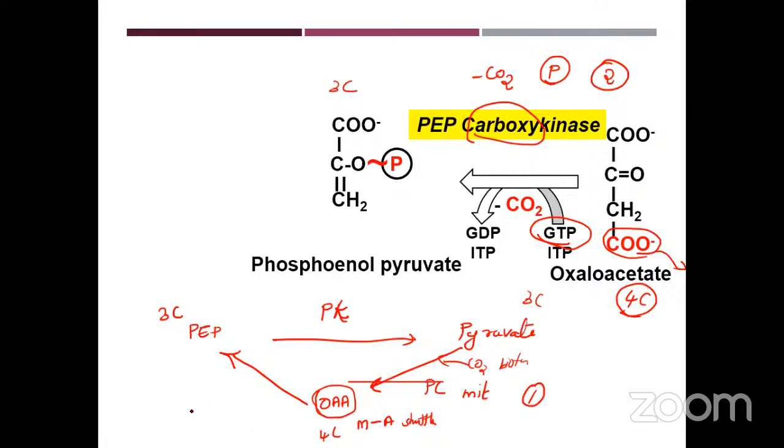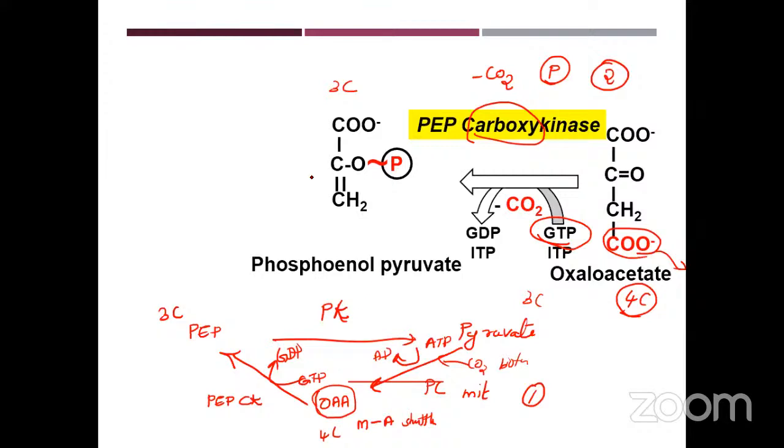Which enzyme is this? Phosphoenol pyruvate carboxykinase. Here we require 1 GTP or 1 ITP. Is it clear till now?